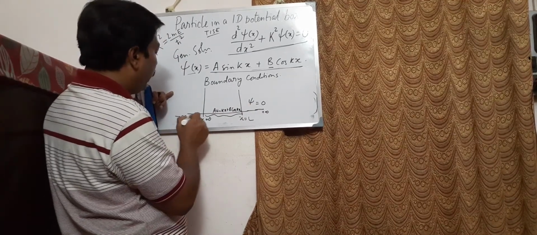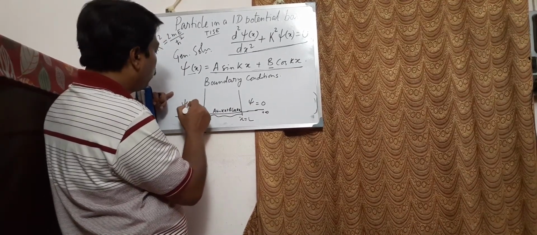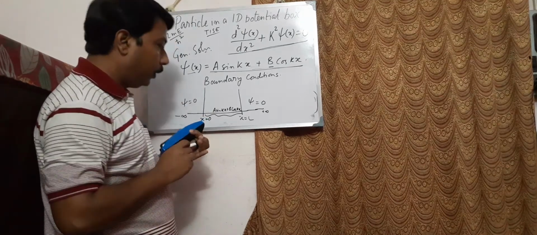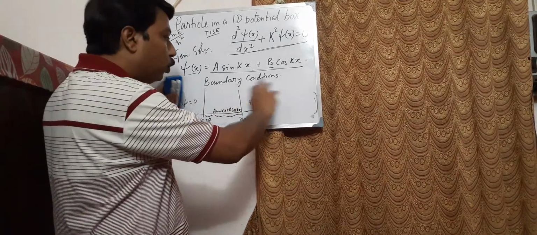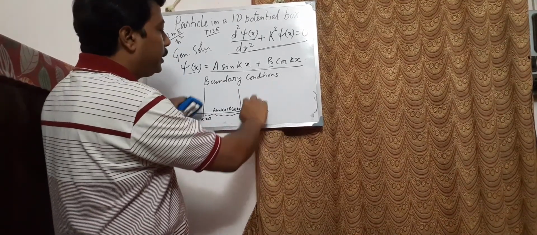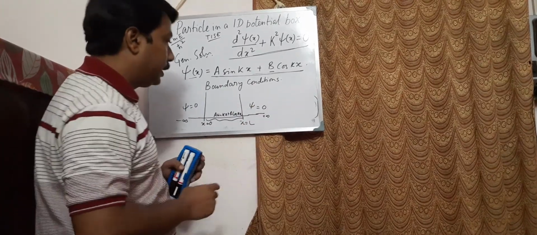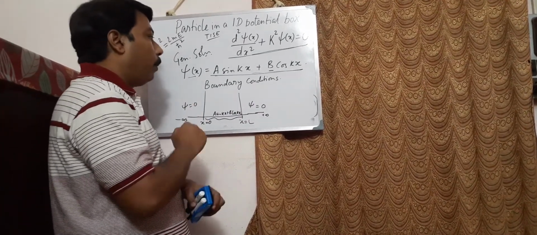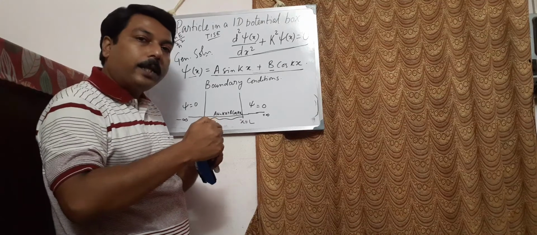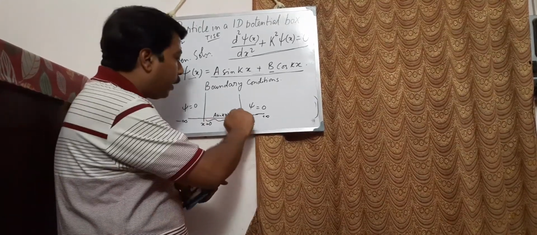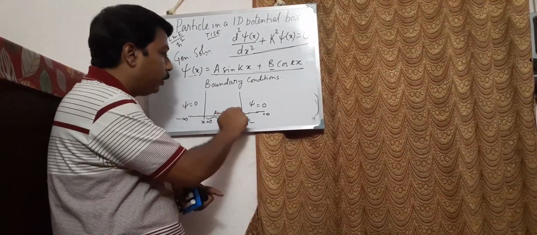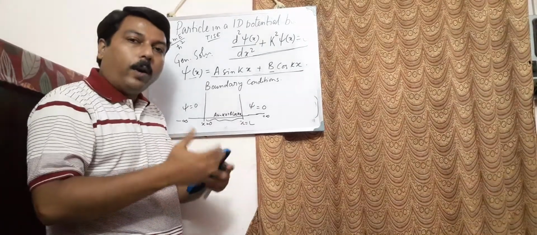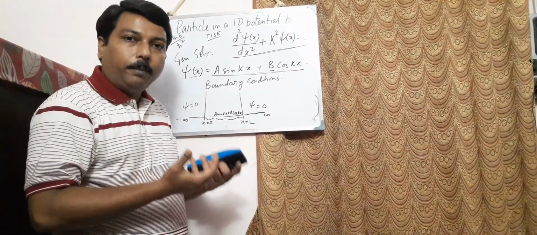Similarly, from minus infinity to 0, the wave function has to be 0, because the particle has no chance or no probability of existing in these two regions. Now, if my wave function has to be continuous across this boundary at x equal to 0 and x equal to L, what does the continuity of a function mean?